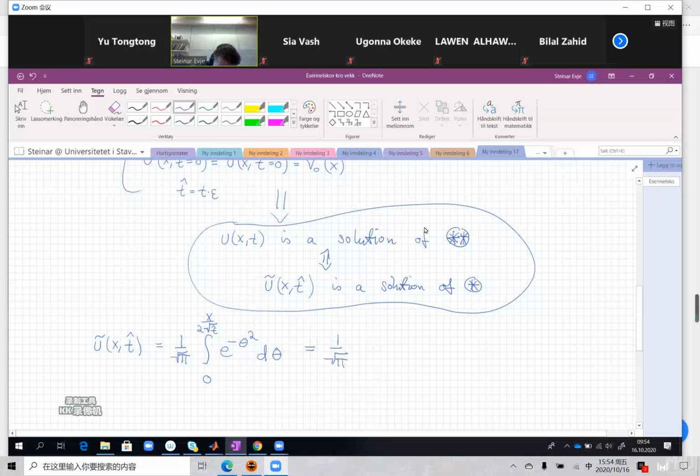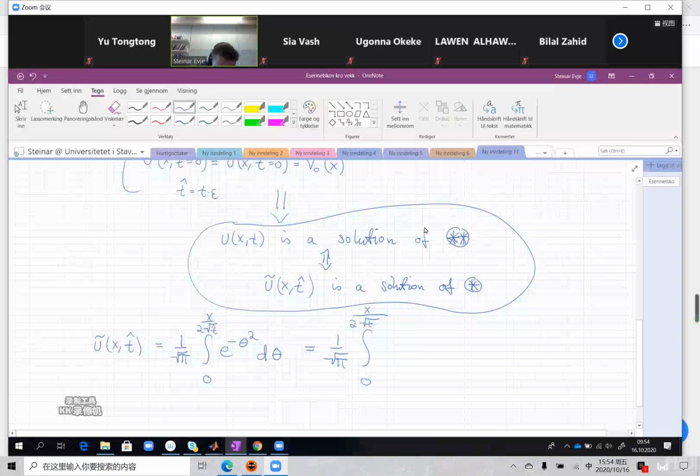But then in the next step, we can replace t hat by t. It is equal to t multiplied by epsilon.